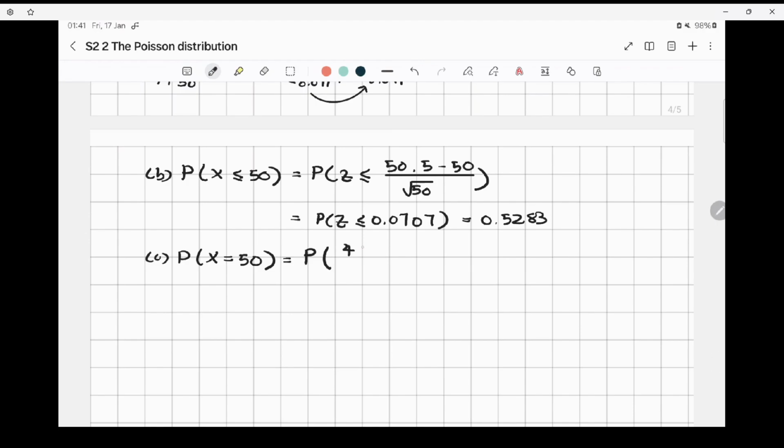So the left side, it will be (49.5 minus 50) divided by the square root of 50.